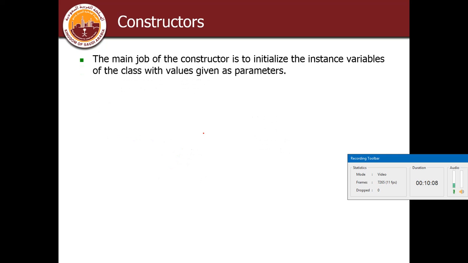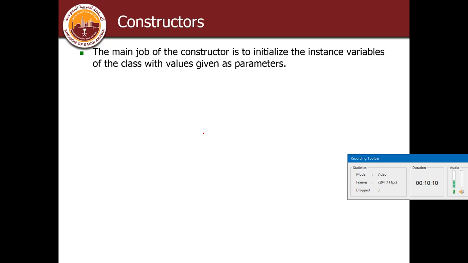This will be the output. The main job of the constructor is to initialize the instance variables of the class with given values as parameters. So the main job of the constructor is to initialize the value of the instance variables to some given value given by the user.